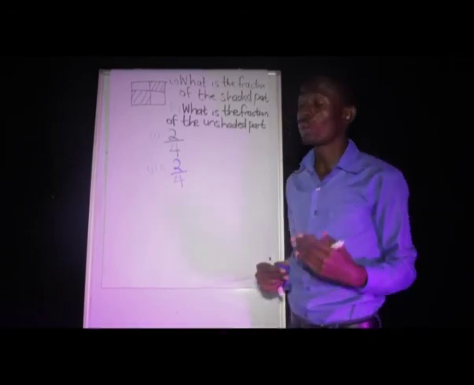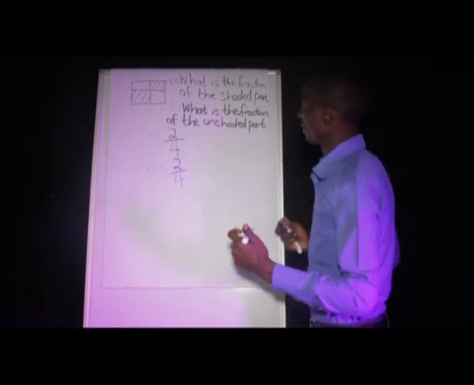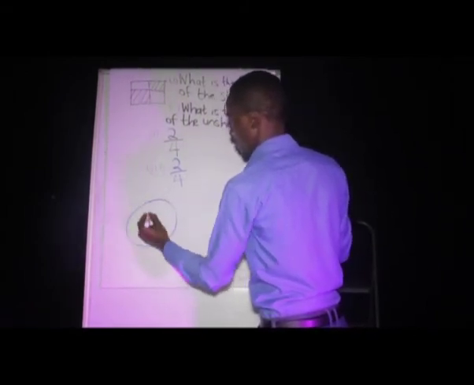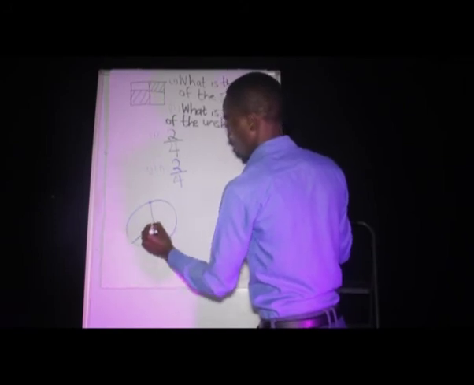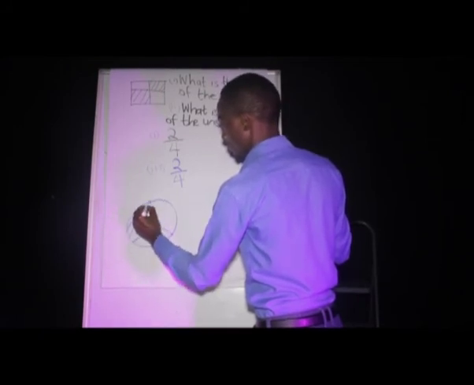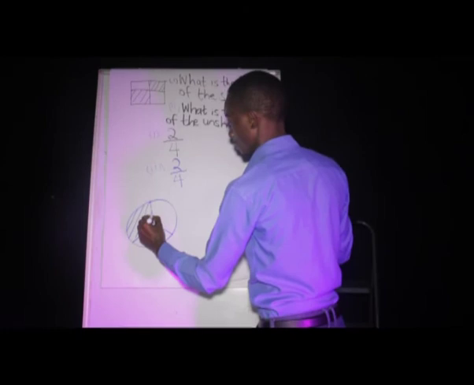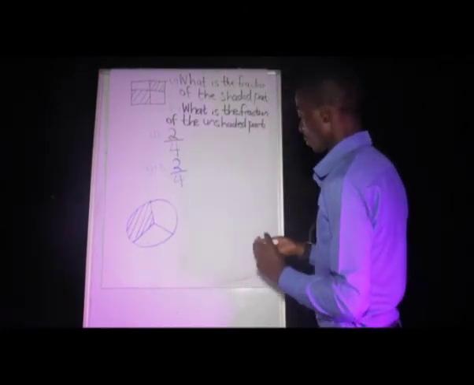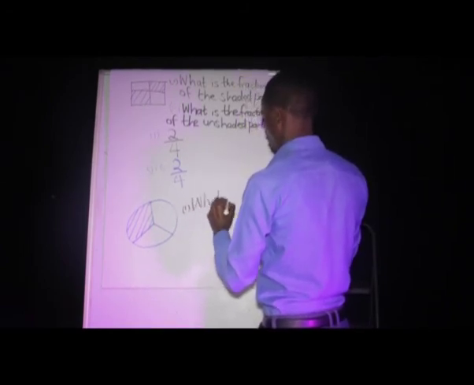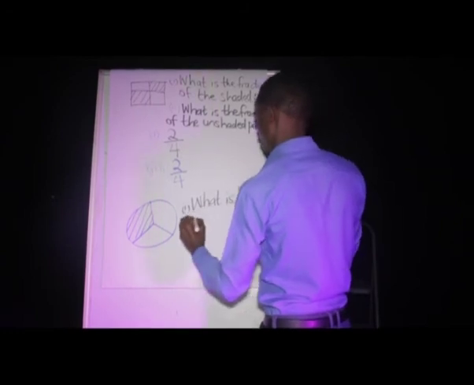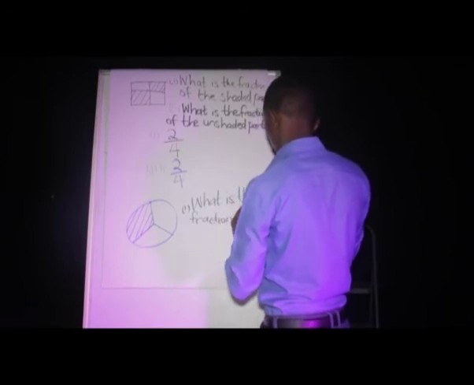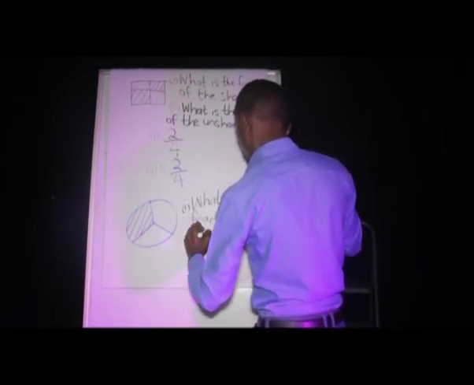Now, I'm going to leave you with one question which you'll try out. Given my circle here, divided into 3 equal parts, so my question number 1 is going to be, what is the fraction of the shaded parts?